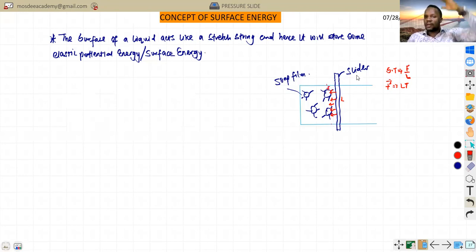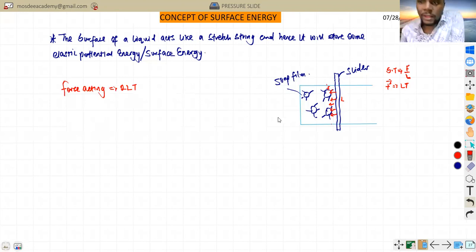So the force acting on the soap film is equal to 2LT. I hope students understand where the 2 is coming from. The 2 is coming from the up and down surface forces.